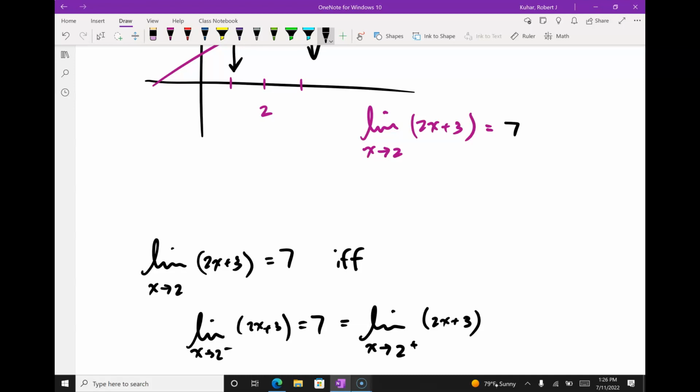But I have to predict this, right? I'm not actually getting there. Does that make sense? I'm predicting it. Like, if I walk halfway to the wall, then halfway to the wall, and then halfway to the wall, will I ever get there? Nope, never did.